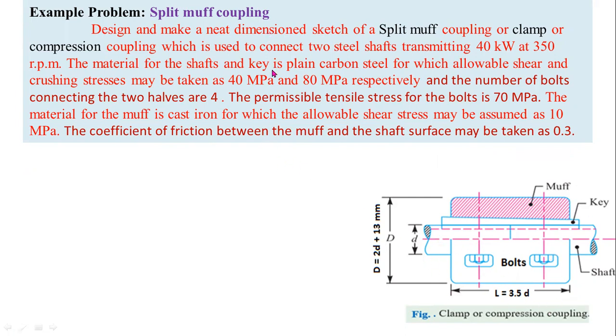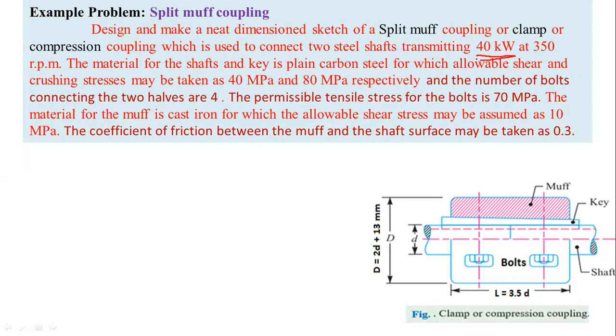So this is the split muff coupling. First of all, you have to identify the given values from the given question. Here you have to design a split muff coupling, or clamp coupling, or compression coupling.